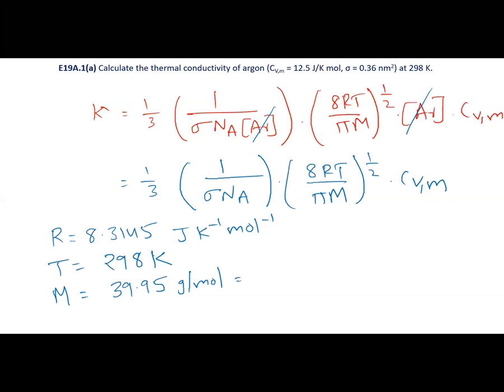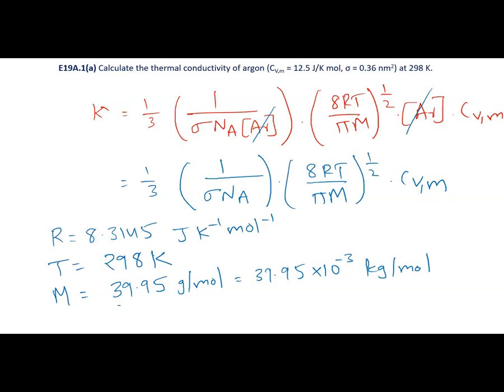But we have to convert this into kilogram per mole just to make sure that everything is in the SI units. CVM is equal to 12.5 joule per Kelvin per mole, and we got sigma, the collision cross section, as 0.36 times 10 to the power negative 18 meters square.